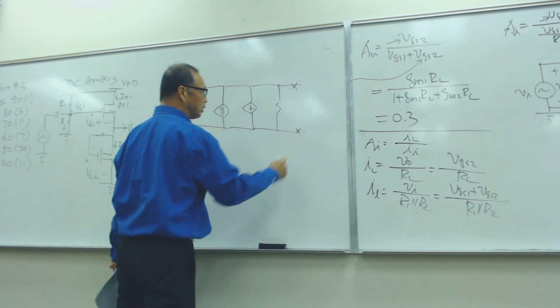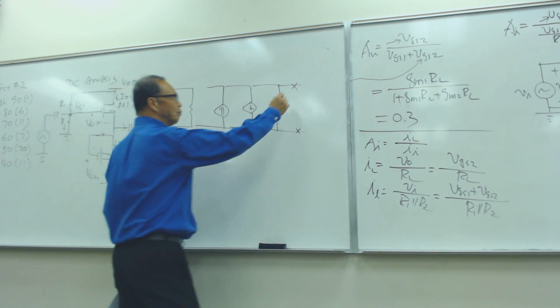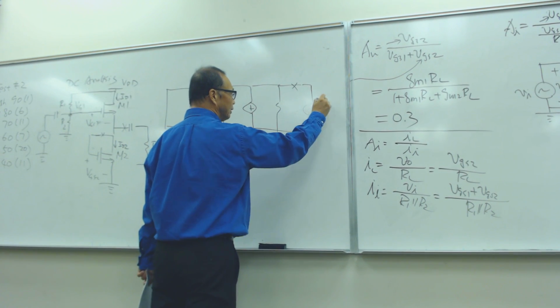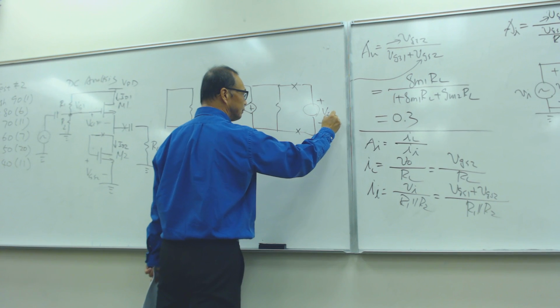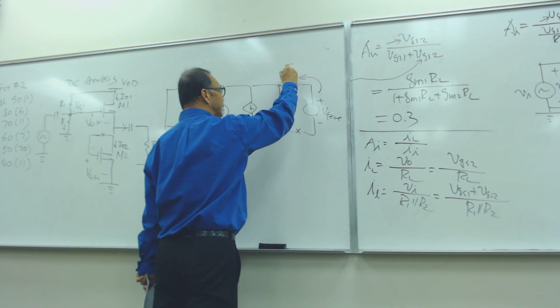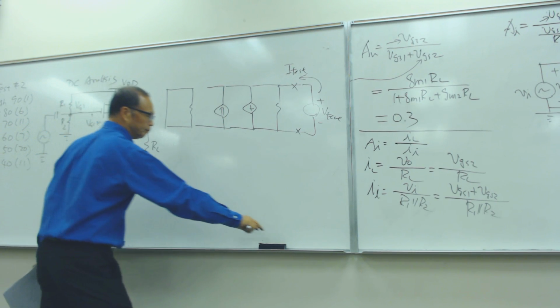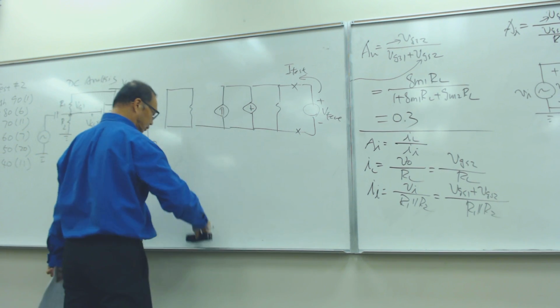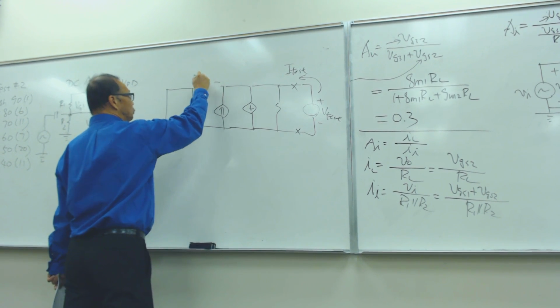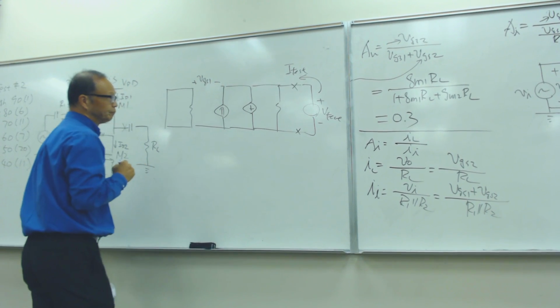Okay, so that's the output terminals, right? But I'm going to put a test voltage here, V test, and that's going to generate I test, right? So this is VGS1, yes?